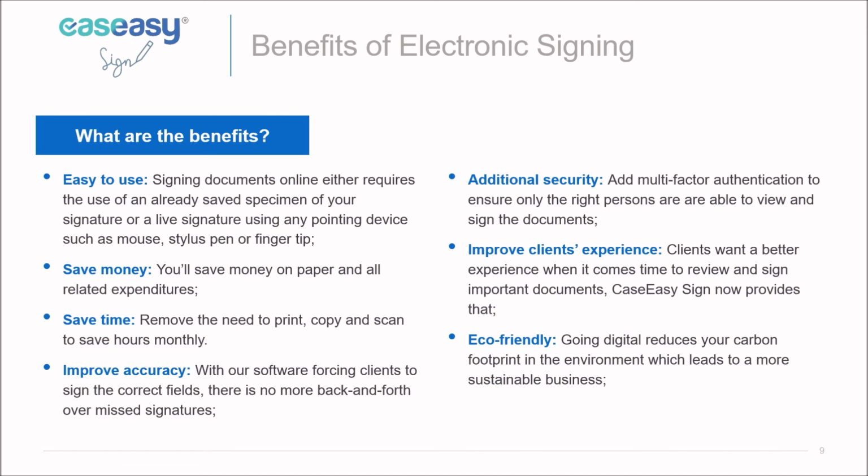And the system tells them exactly where they should be signing on the document, right? This is going to allow them to sign the documents a lot faster because the system is guiding them to exactly what they need to be doing. As you saw, we needed to enter a password to access the document. So that's an additional layer of security. And it's always good to add that additional layer, especially for highly sensitive documents, right?